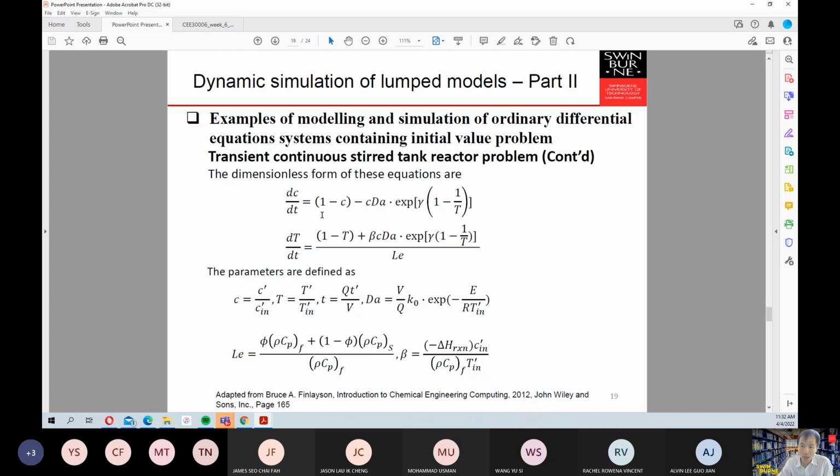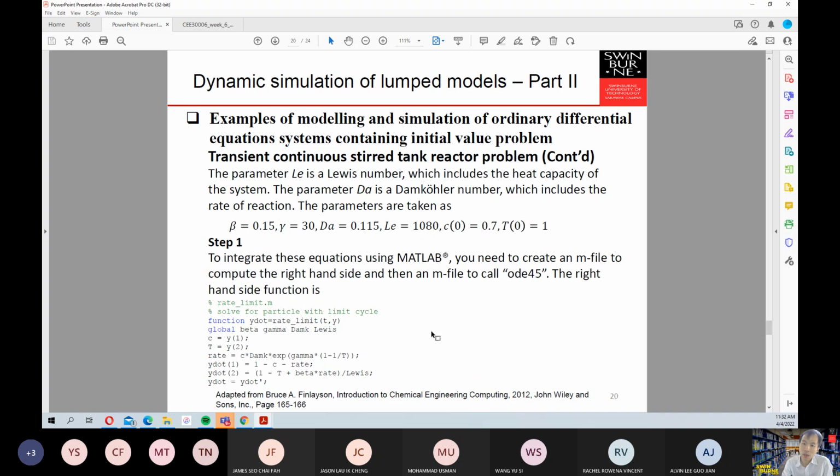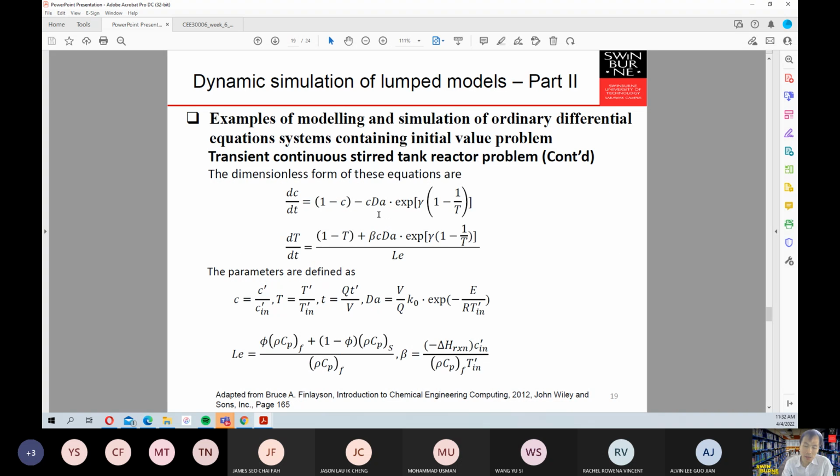The parameters here are defined as this. This is T, the residence time, the Damköhler number, the Lewis number, and this beta in here. In essence, what we want to solve is these two ordinary differential equations.